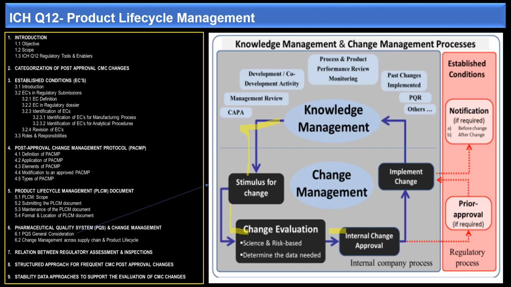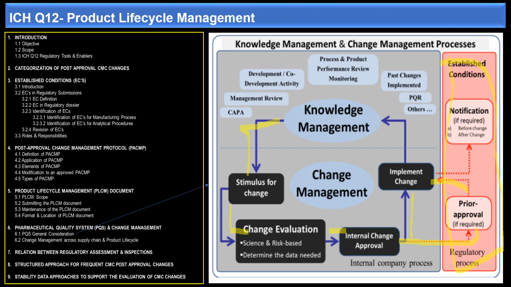If we look at this column, this is the established conditions column. If the change is to an established condition, it is evaluated for the reporting category. If it requires prior approval, it goes to the regulatory authority for prior approval, and then goes into the implementation stage. However, if it is not a prior approval change, it goes directly into implementation.